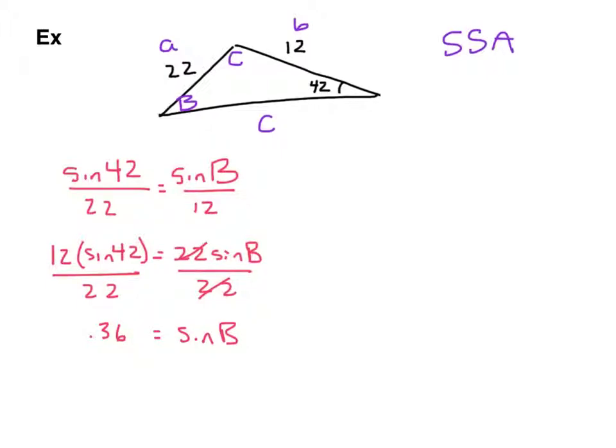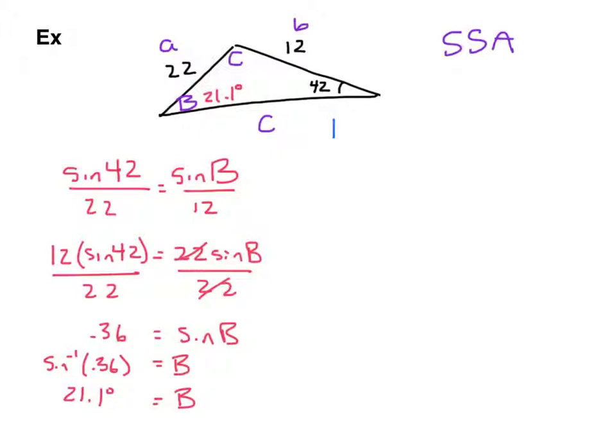So to actually solve for B, that's going to be the inverse sine of 0.36. So the angle B is 21.1 degrees. Okay, so next, now that we have two angles in the triangle, we can figure out the third.